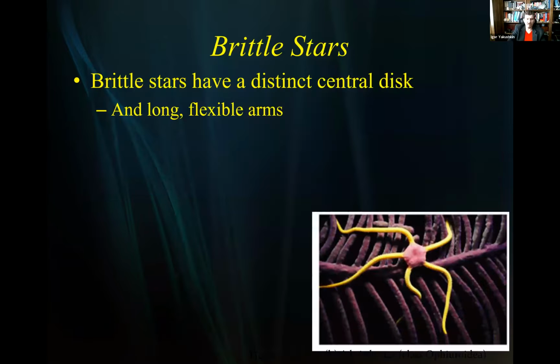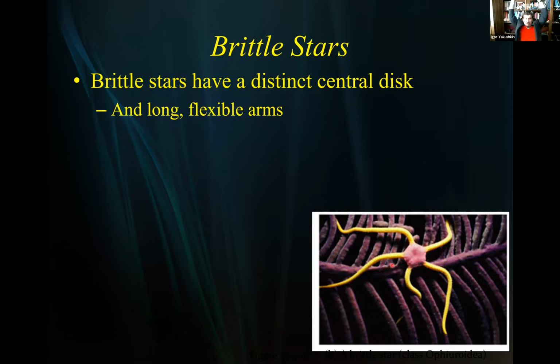Now, brittle stars, looking very similar to sea stars. One of the main differences is that the arms will be extremely thin and much more flexible. You can clearly see the central disc and the long flexible arms.